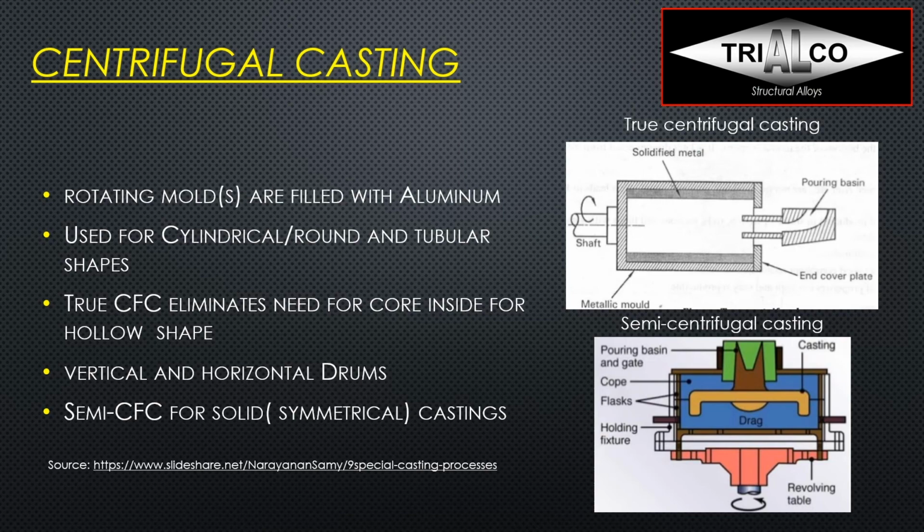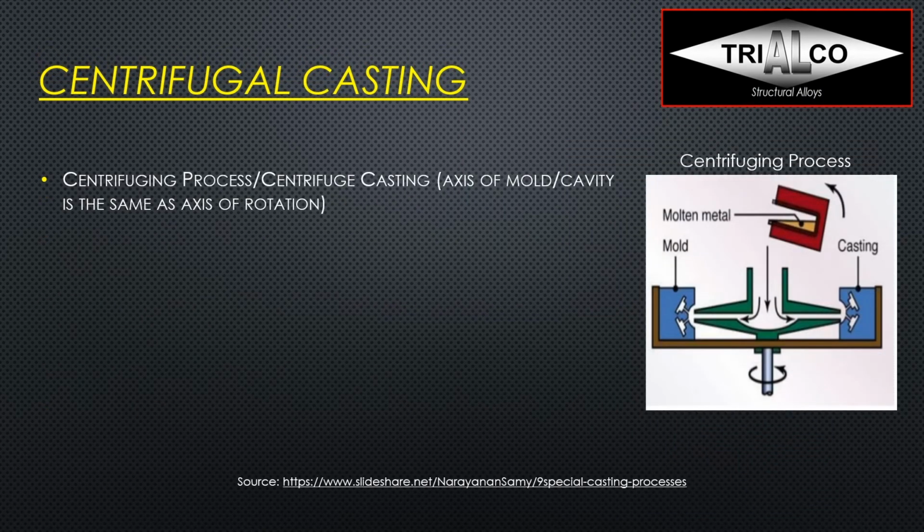So you have a cope and drag and a flask around, and you can see the casting in brown. The pouring basin is on top, and because of the spinning, you are distributing the metal nicely to the outside. When it comes to centrifugal casting, we distinguish between the axis of the mold and how the metal comes in. So here we see it is poured in and the molds are on the side.